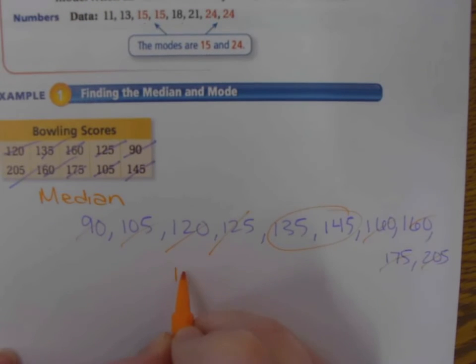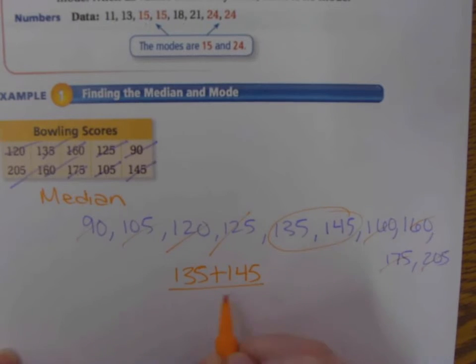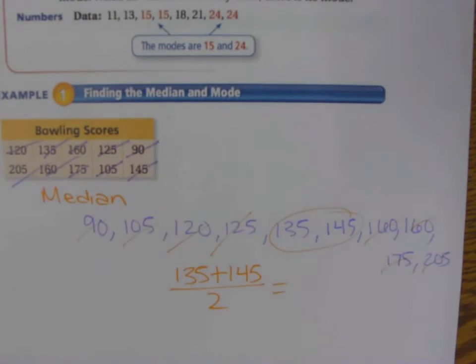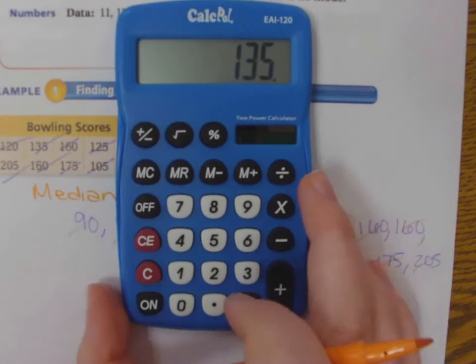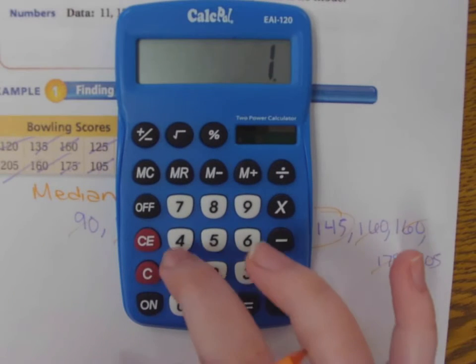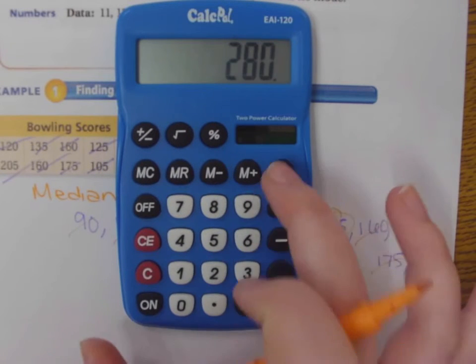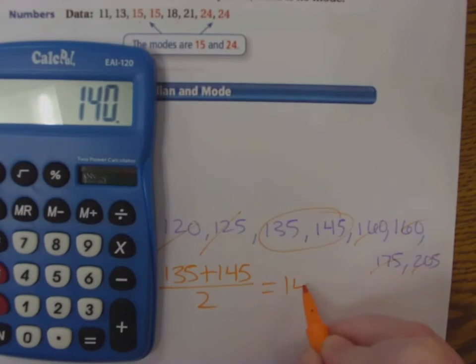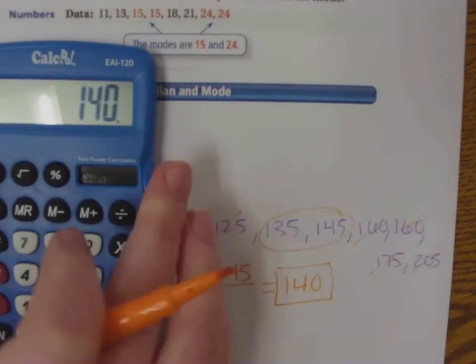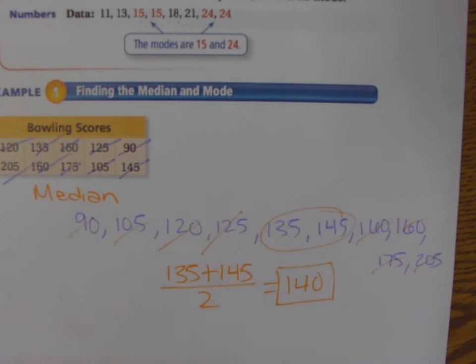So I'm going to say 135 plus 145 divided by 2. So my median is 140.